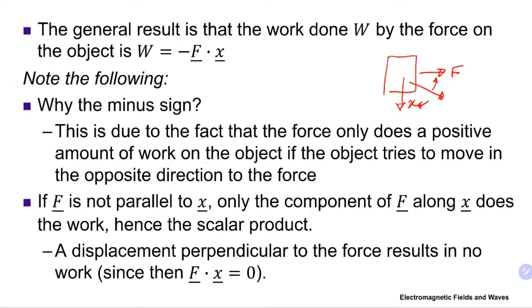The force is a vector, the displacement is another vector, so only the components in the force direction actually produce work. So a displacement perpendicular to the force results in no work, since F dot x will be equal to 0.